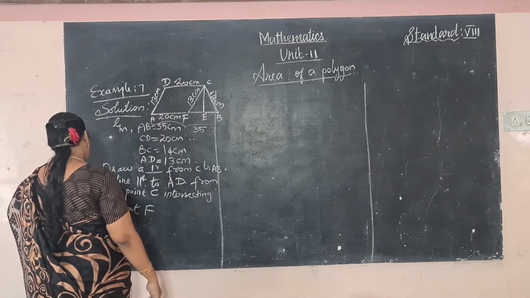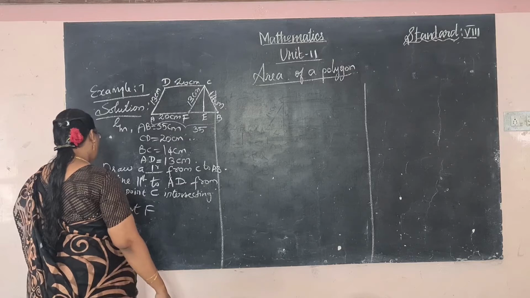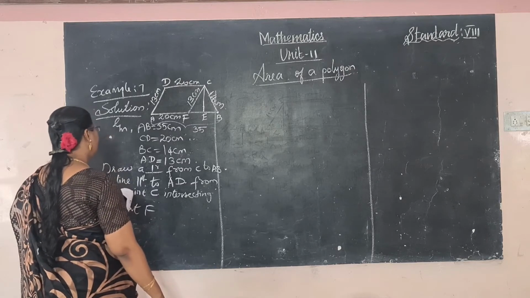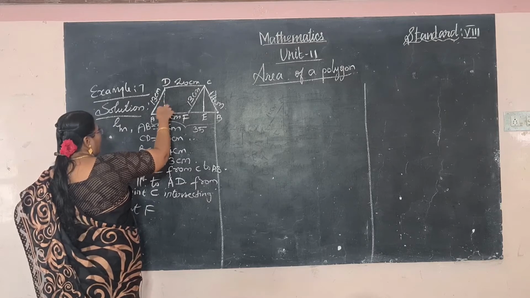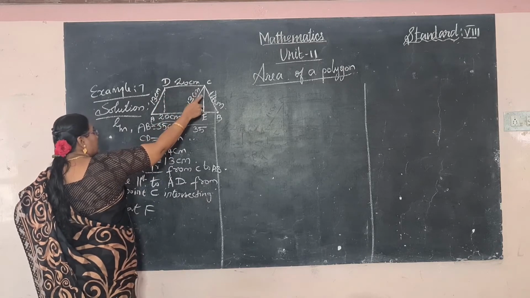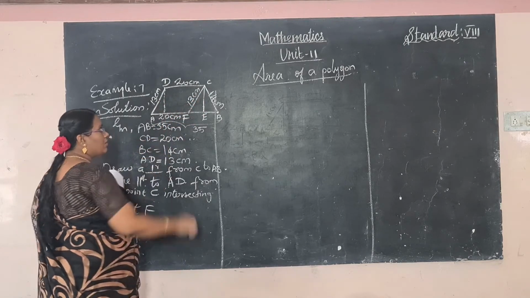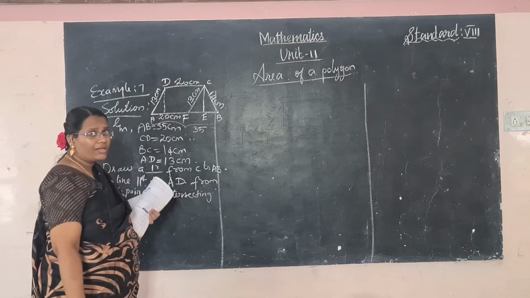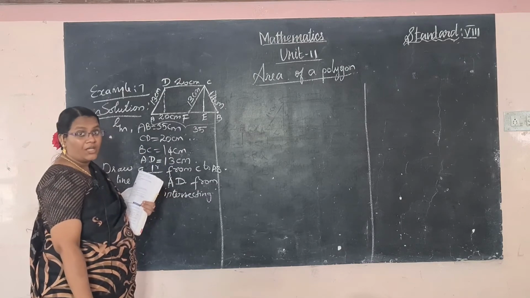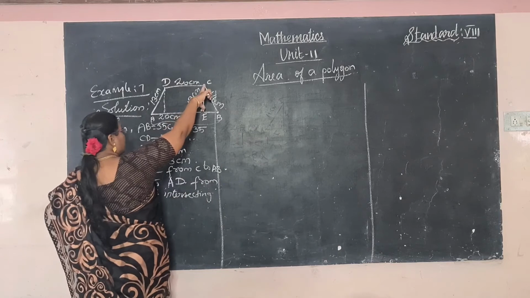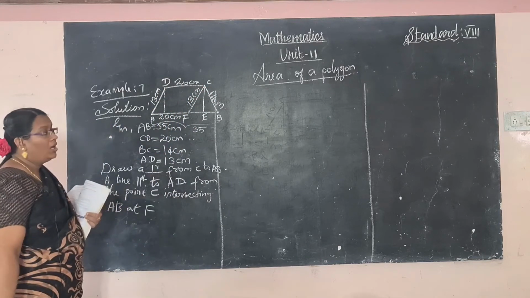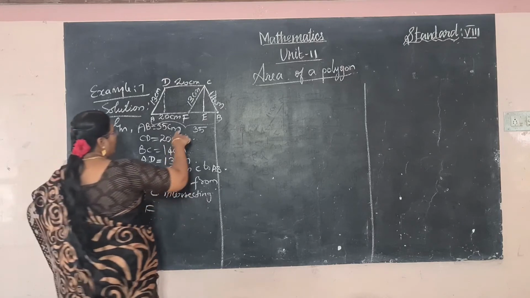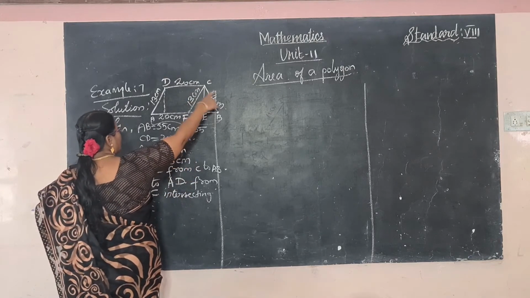This height and these two heights are equal because the whole shape is considered to be a trapezium. So the height of the triangle and the height of the parallelogram are equal.